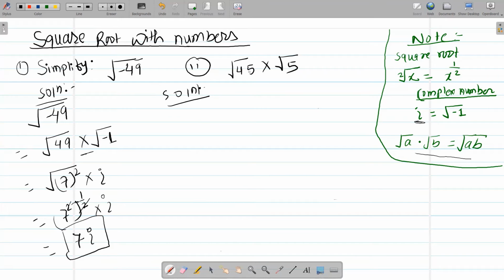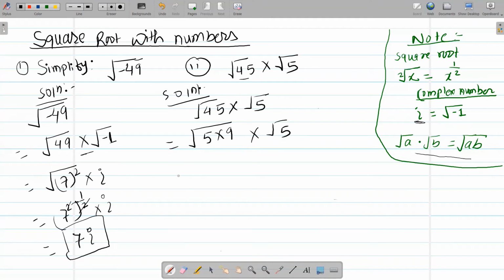We have the square root of 45 times the square root of 5. So what I'm going to do, I'm going to take the factors of 45 first. Square root 45 times square root 5. Now the factors of 45, we can write 5 times 9, which is 45, times square root 5.